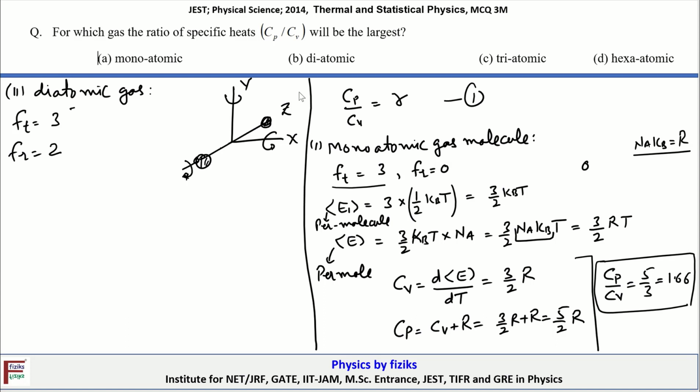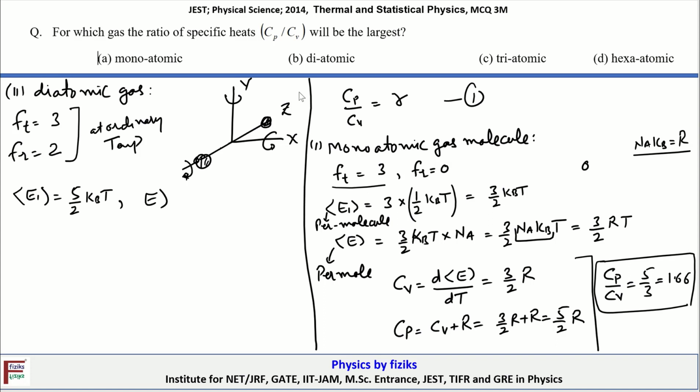So this is the situation at ordinary temperature. That means at ordinary temperature the total degrees of freedom are 5 for the diatomic gas molecule. So the average energy per gas molecule is 3 plus 2, 5 into 1/2 kBT, that is 5/2 kBT per gas molecule.